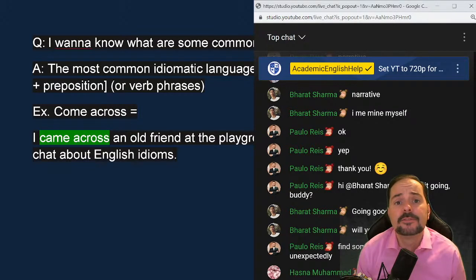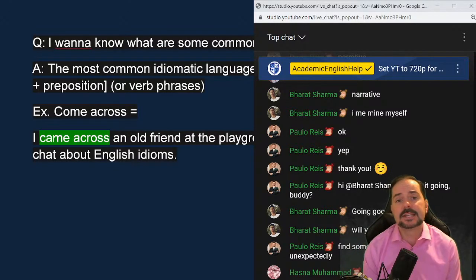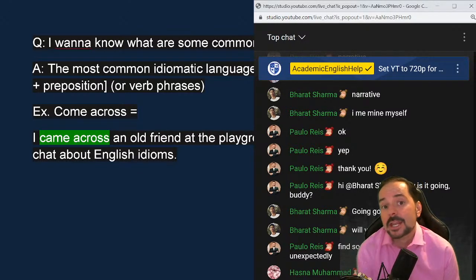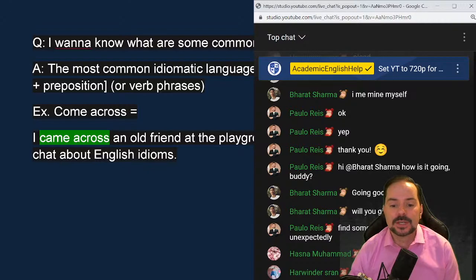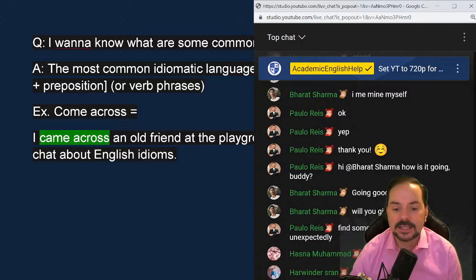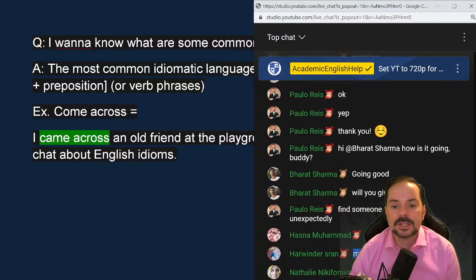There's actually a single verb. So most phrasal verbs have a single verb match, and that's why they're called idiomatic language, because they're not the actual accurate verb, okay? It starts with an E, everyone. So the answer to this question starts with an E. When you meet someone unexpectedly, Natalie, or you see someone unexpectedly, Paulo, there's a word for that.